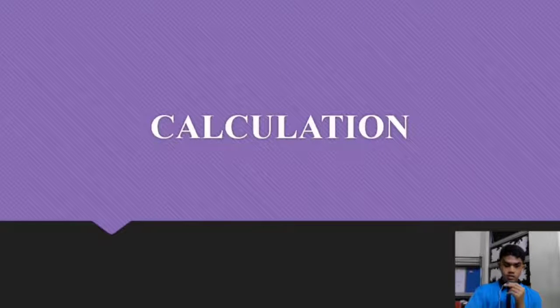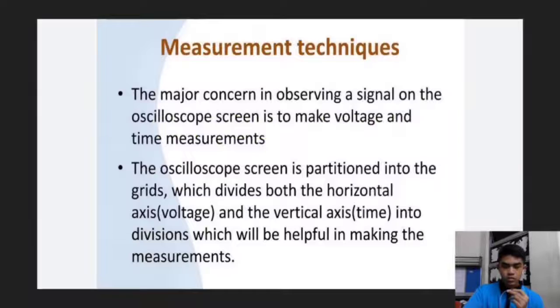And lastly, the last step is the calculation. Before making the calculation, there are measurement techniques. The major concern in observing a signal on the oscilloscope screen is to make voltage and time measurements.